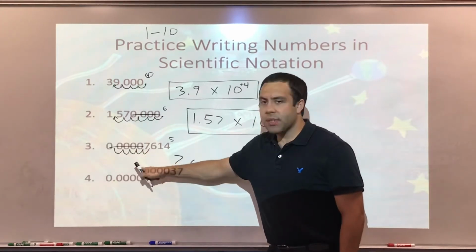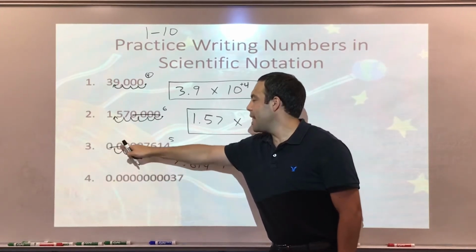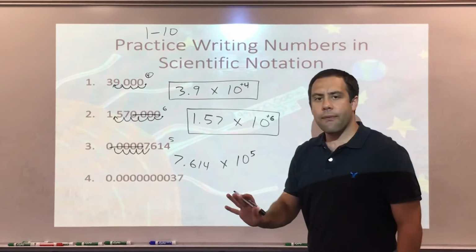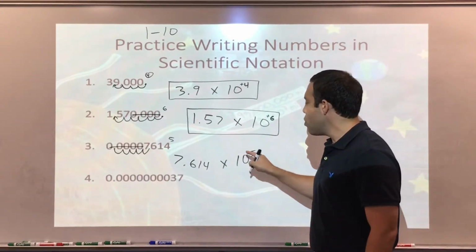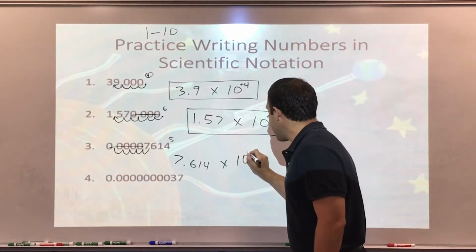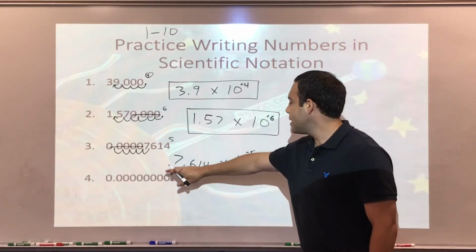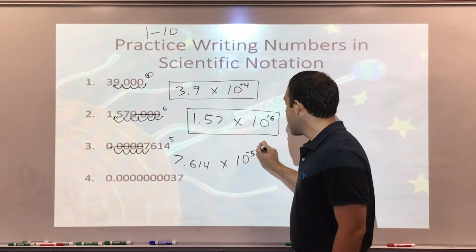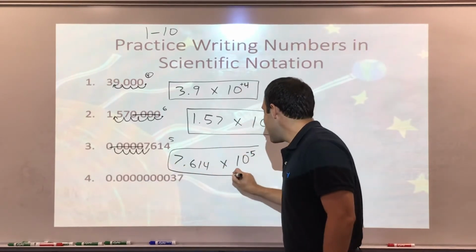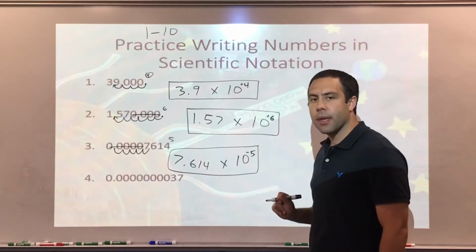But here we have a small number, so we move the decimal point to the right. To finish out step 4, if we move the decimal point to the right, we have to make the exponent negative. So our final answer for question 3 is 7.614 times 10 to the negative 5th.